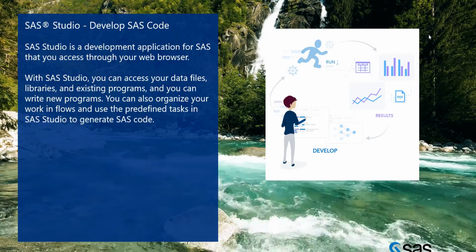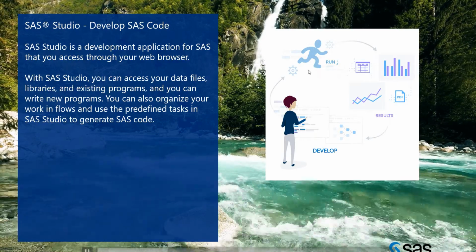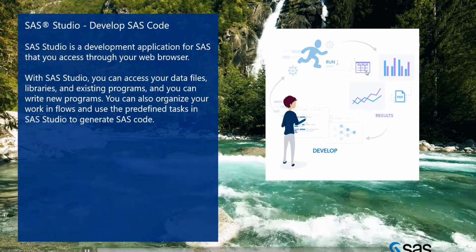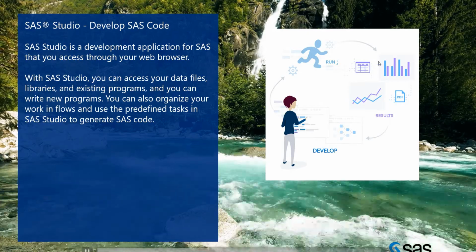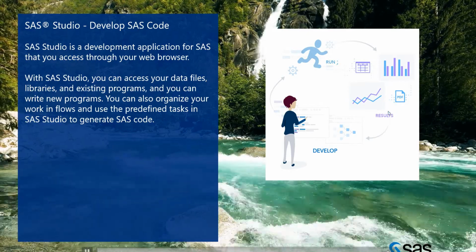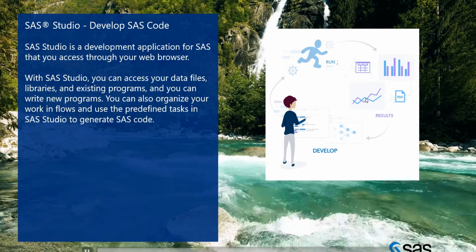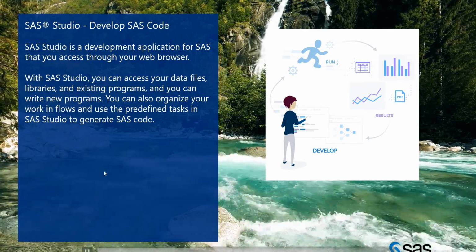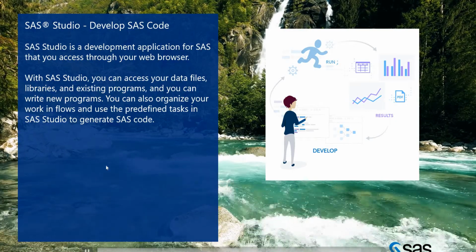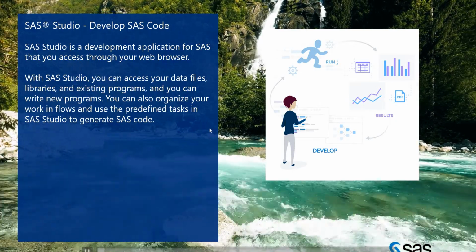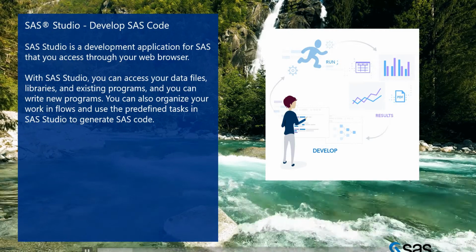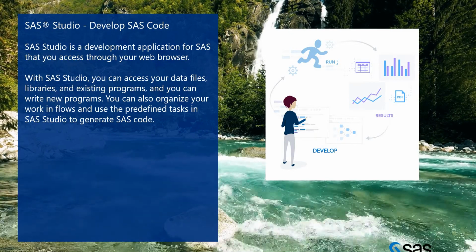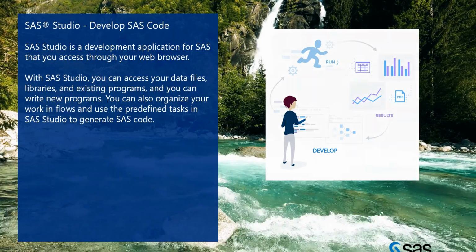What we do in SAS EG is write code, select data, run it, see the result, and then debug and develop the code. That is the cycle.